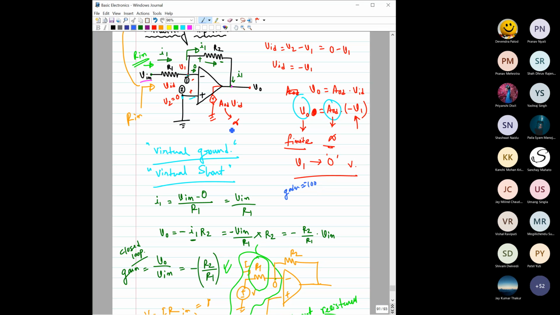So minus 100, and say R1 is around 50 kilo ohm. Then what would be the value of R2?